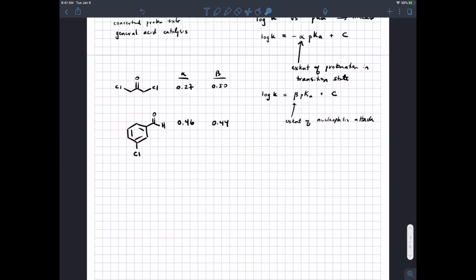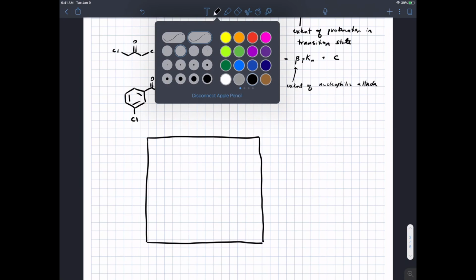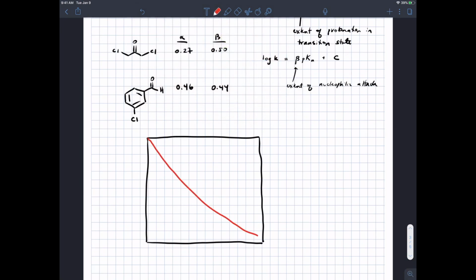So we can think about how changing the acid might affect the transition state of this hydration reaction with one of these horrible square more O'Ferrall-Jencks plots, which you might hate, and if you do, that's fine.